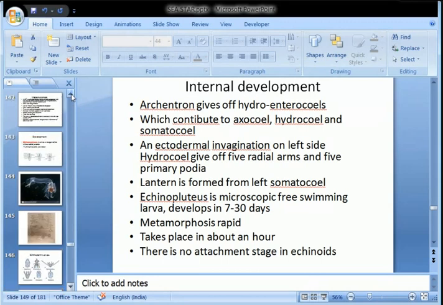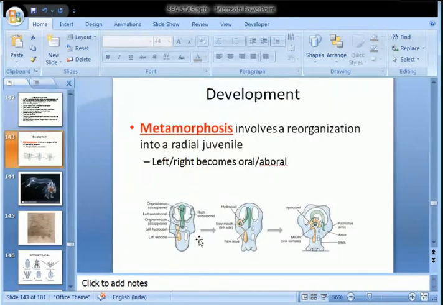Let's go back to this one. Here you see in the case of the starfish, the coelom is differentiated into 3 parts: the somatocoel, the hydrocoel, and the axocoel. This part further develops on the left side, and this is disintegrated here. And then you see this ring formation occurs.